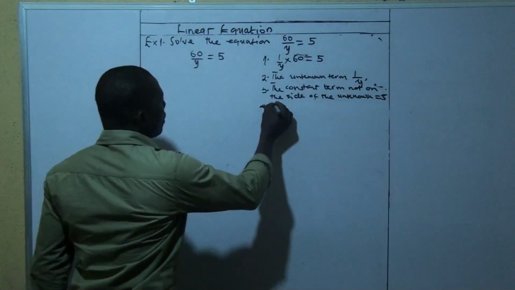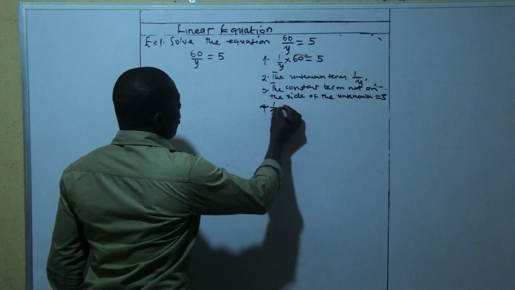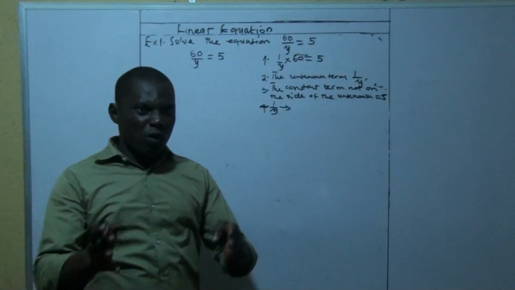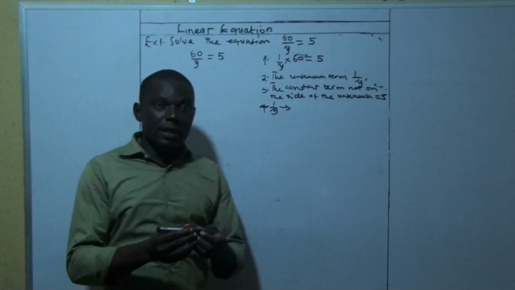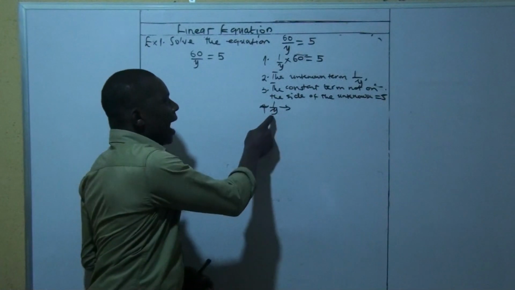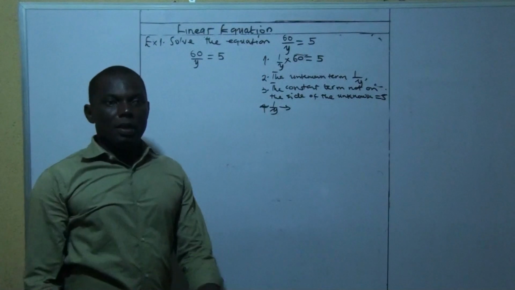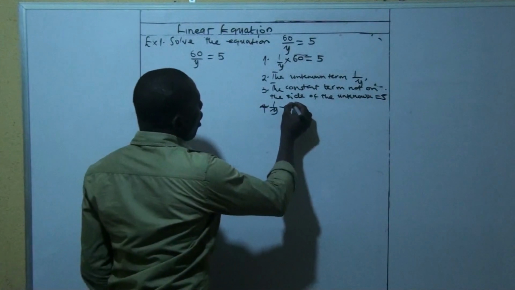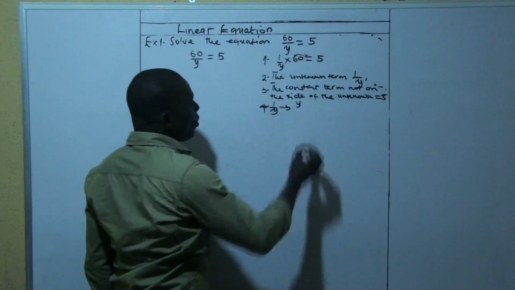Now this is 1 over y. Then what will be the reciprocal of 1 over y? For you to obtain the reciprocal of any number, you just invert the number. So the y will be at the numerator, and 1 will be at the denominator. So the reciprocal of 1 over y is y.